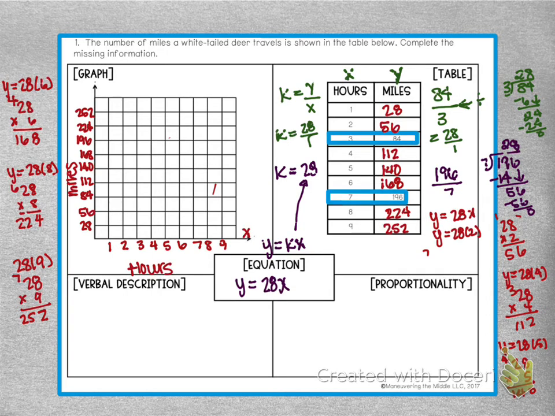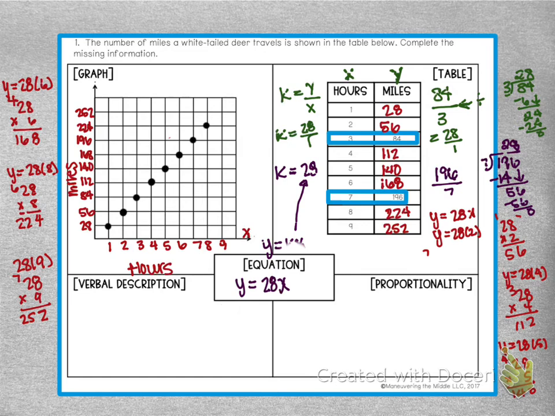Okay, so now it's time to graph. So if we graph, we have 1 28, 2 56, 3 84, 4 112, 5 140, 6 168, 7 196, 8 224, and 9 252. Here, I was marking over here.